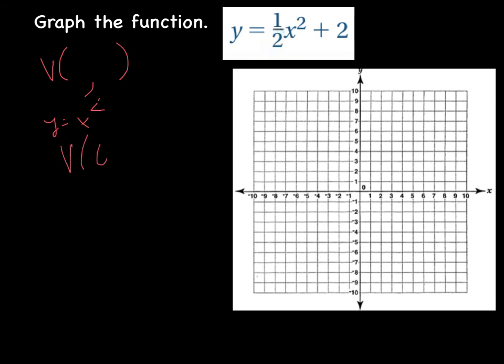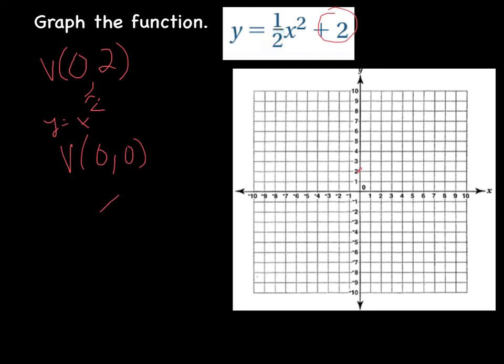The vertex of y equals x squared was at 0, 0. And we talked about that constant on the end causes a vertical shift. So that plus 2 is going to take every point and shift it up 2 units, which means our new vertex is going to end up at 0, 2. Okay, up here at 0, 2.